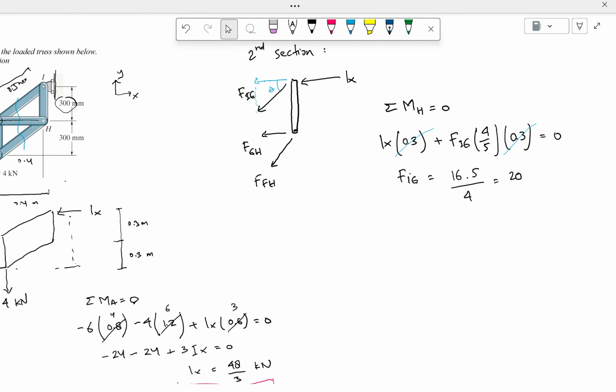So it's 20 kilonewtons. This is FIG. Okay, that's it.